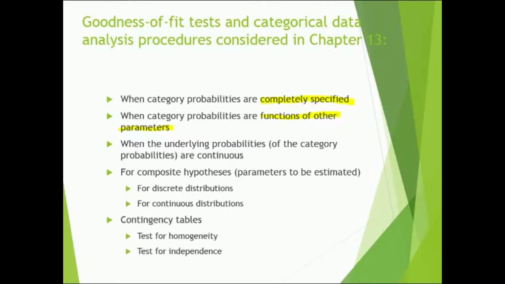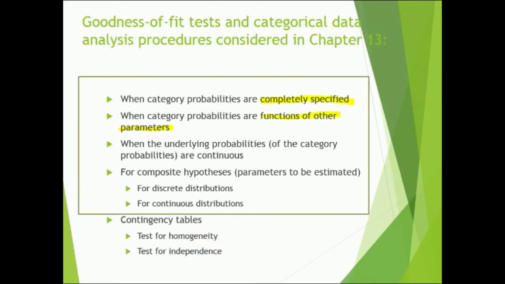And then lastly, the contingency tables, the test for homogeneity, and the test for independence. And what we're going to do, first of all, is focus on the goodness of fit tests. This is sections 13.1 and 13.2.